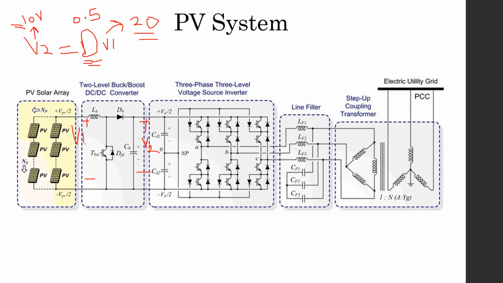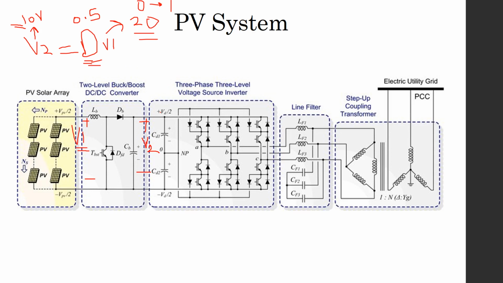So now we understand that if we have a constant input, a certain amount of input, by using the duty cycle from 0 to 1 in the buck converter, or the step down converter, we can change, for example, from 20 to 10 volt. Now in the PV system, what do we do? What is the benefit of the buck converter here?